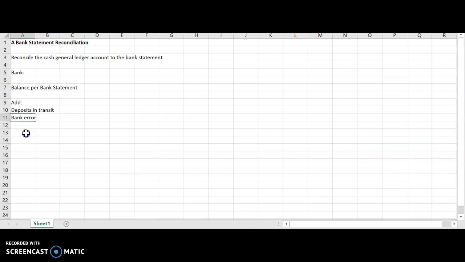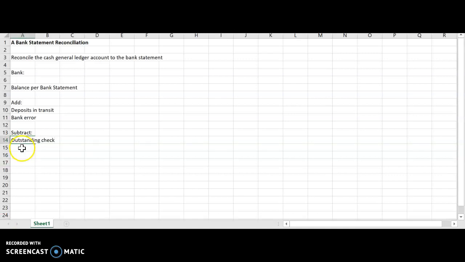Now, the next thing you would need to look for is anything that would be subtracted. That would be, for example, if you had mailed a check and you already recorded it in your cash account, that would be a credit to cash, but the bank had not yet received that check, so it had not yet cleared. And that would be a subtraction. We would call that an outstanding check.